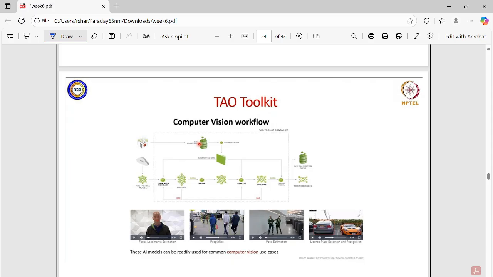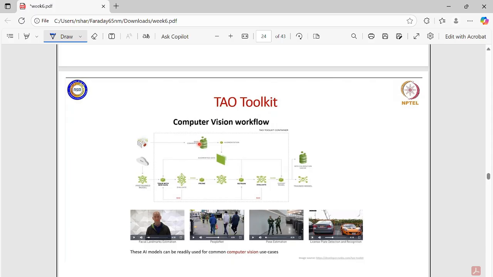So for installing the TAO toolkit, one option is that we can use NVIDIA NGC containers and use Docker pull and download the pre-trained model, and then use this pre-trained model and the dataset for the fine-tuning of the pre-trained model. So what is the advantage of this TAO toolkit?